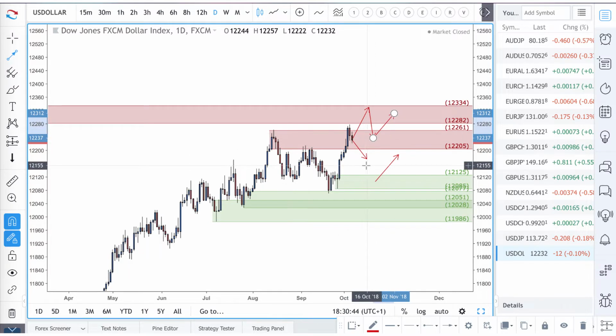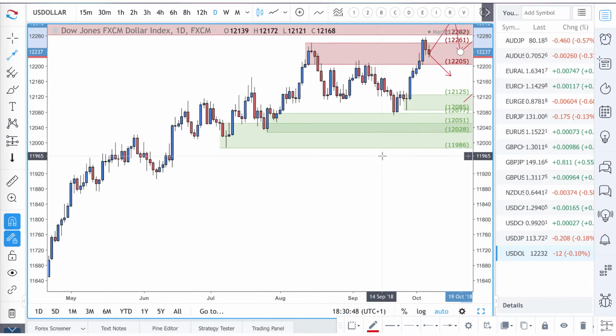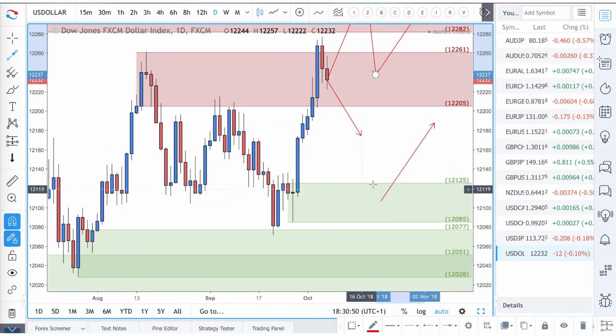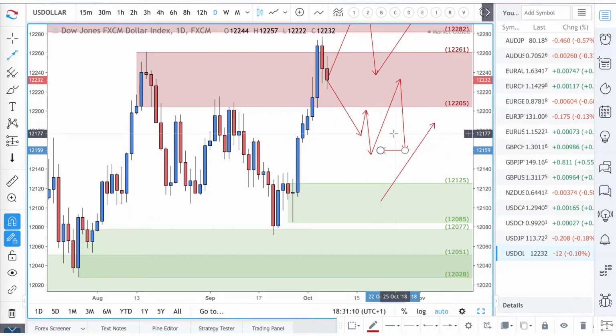So at the moment, the nearest demand zone is going to be pretty much all the way down here, unless we create a higher high, or what we could do is create lower highs, lower lows, and if prices break higher, then we would expect this area to be a decent, strong area of demand as well. So that's two ways of basically playing it.